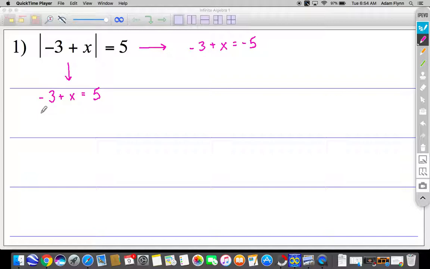So to get x by itself, I will add 3 to both sides. -3 plus 3 cancels. So I'm left with x equals 5 plus 3, which is 8. Now over here, I will add 3 to both sides.